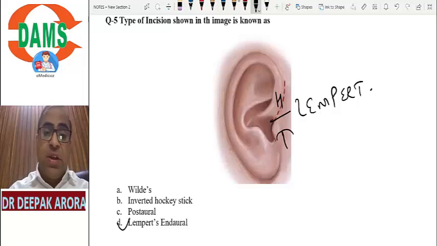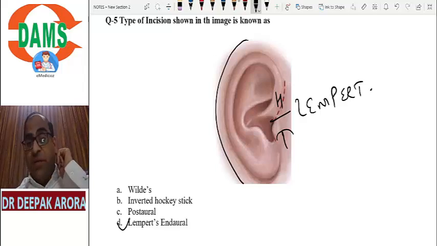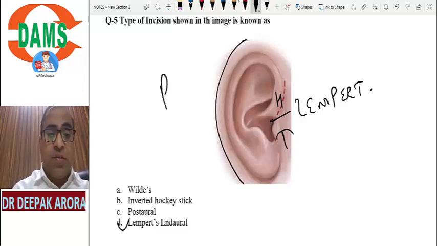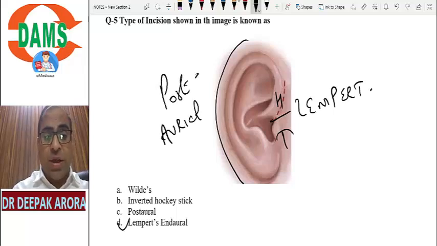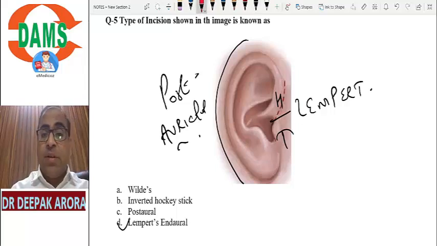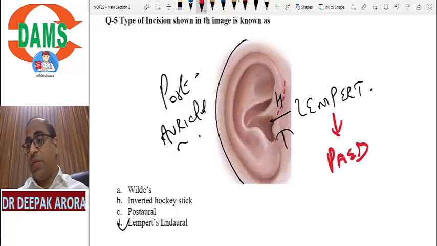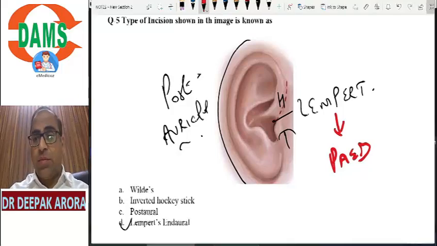If I give an incision behind the pinna, behind the mastoid, it is known as post-auricular incision. Then Lempert: what is the importance of this Lempert incision? This is used for pediatric patients. Done.